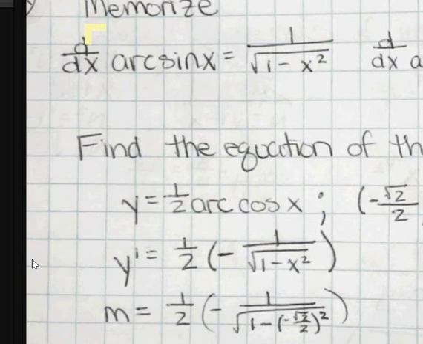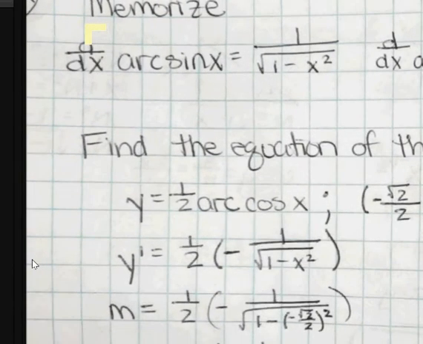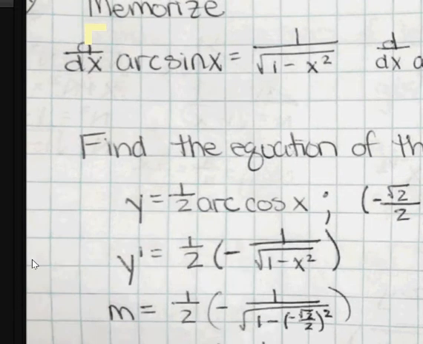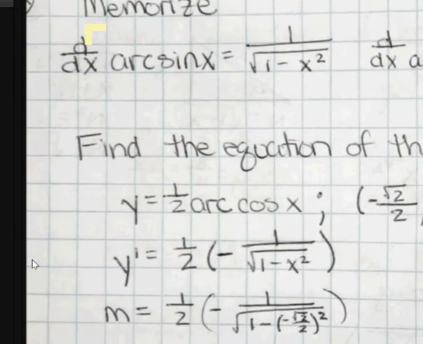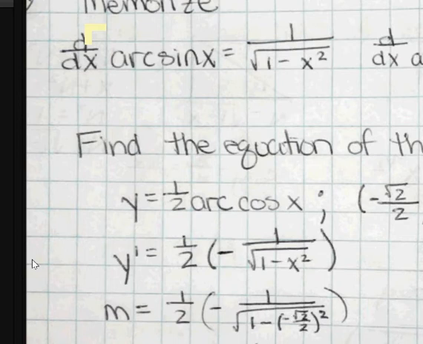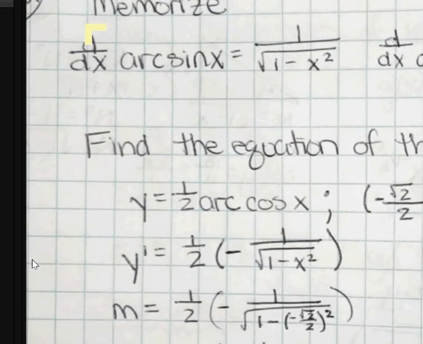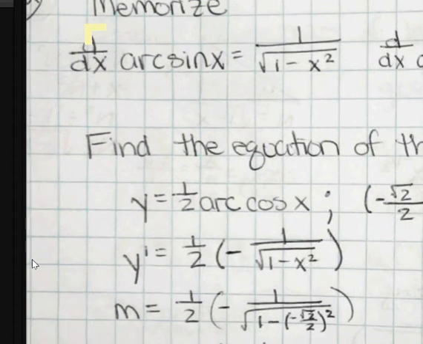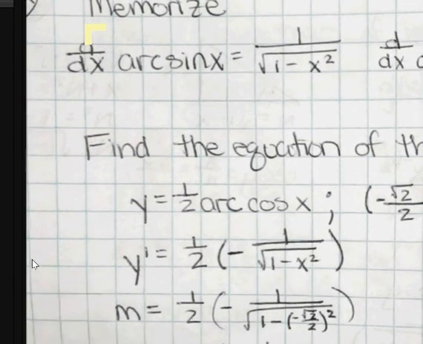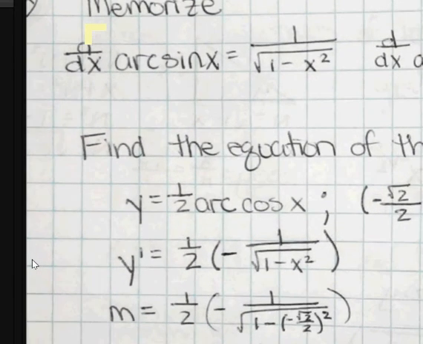It's not negative. It will be positive, but I will be subtracting, so the square root of 1 minus 1/2, okay? Now if we go through and we simplify that a little bit more, m is equal to 1/2 times negative 1 all over square root of 1 over 2.